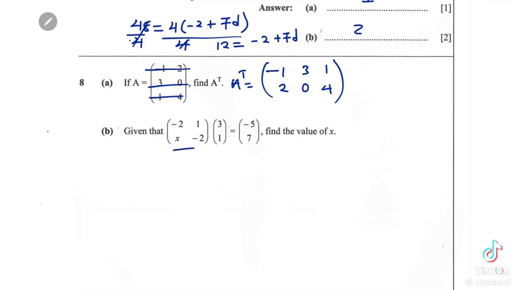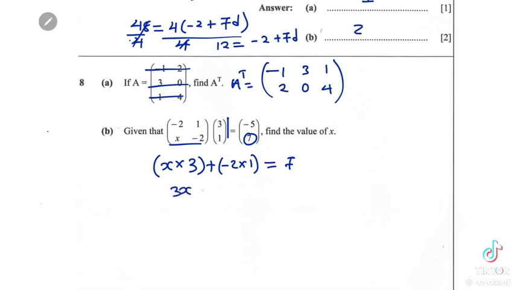Given that if you multiply these matrices, this and that, it gives you this, find the value of x. So what do you do? You know that with matrices you multiply row by column, add, then equal to that first part. So now here we are just going to target the one that has x and multiply with that, add, then equals to 7. So we're going to say x multiplied by 3 plus negative 2 multiply 1, then equal to 7.